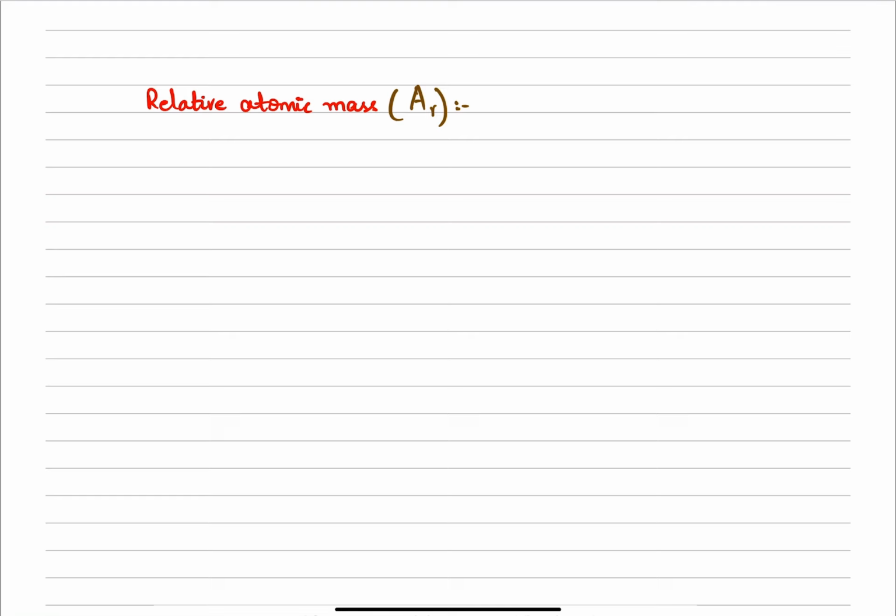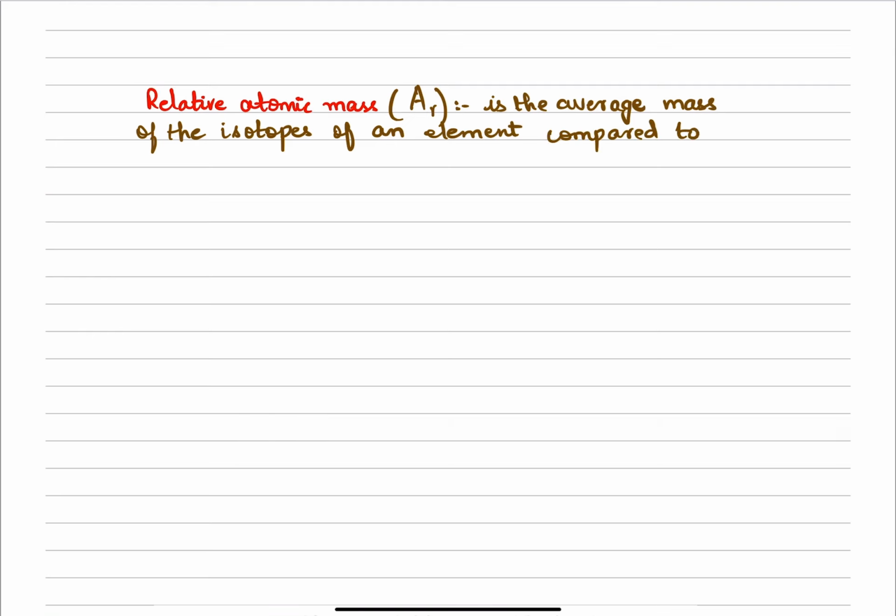In this video, we are going to talk about the concept of relative atomic mass, which is also denoted as A subscript R. Relative atomic mass is the average mass of the isotopes of an element compared to 1/12 of the mass of carbon 12.